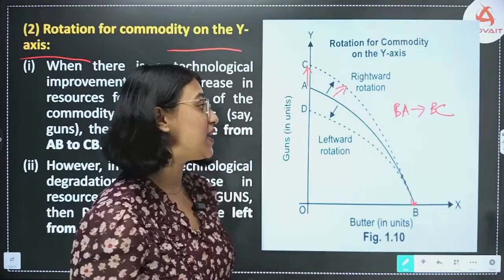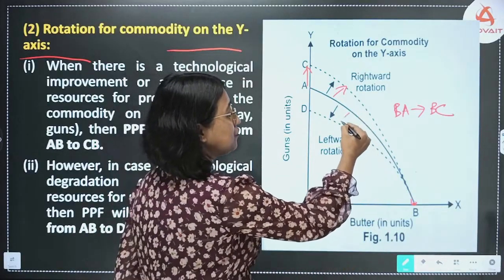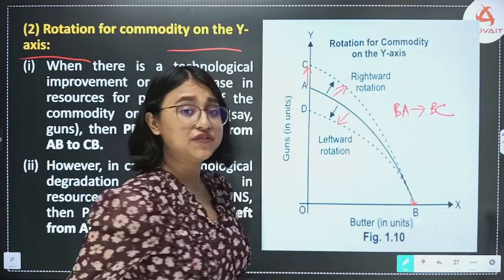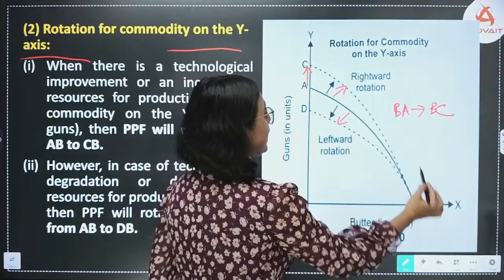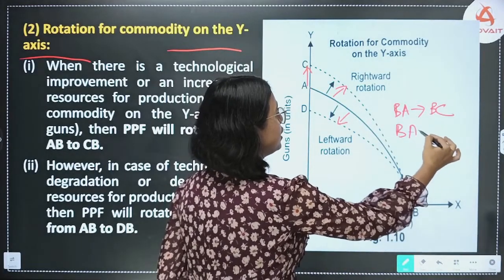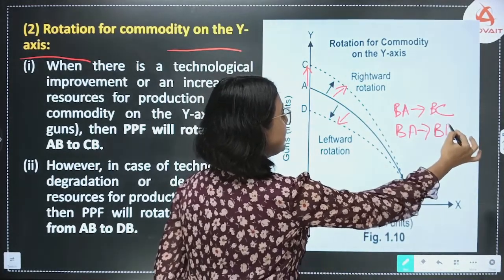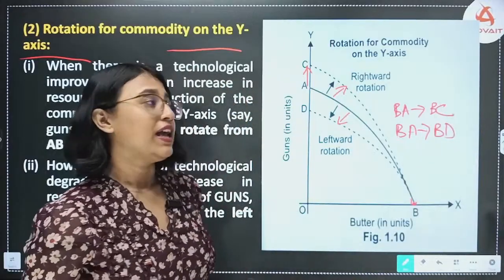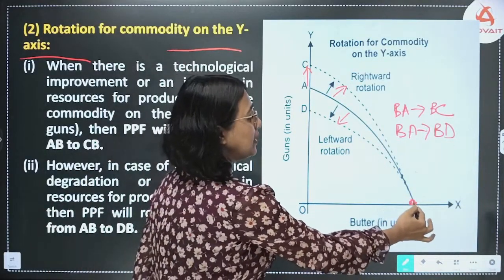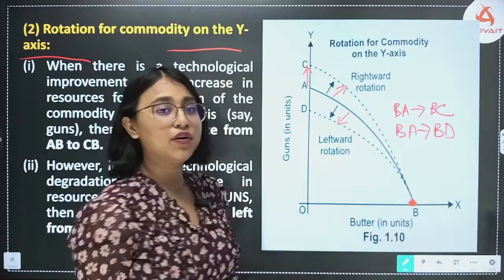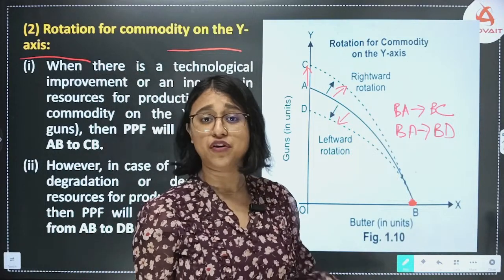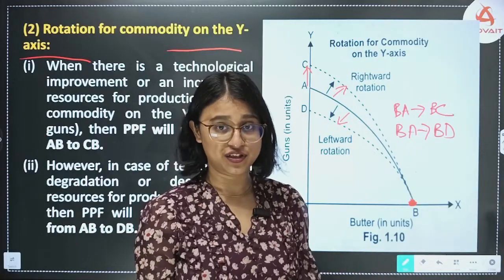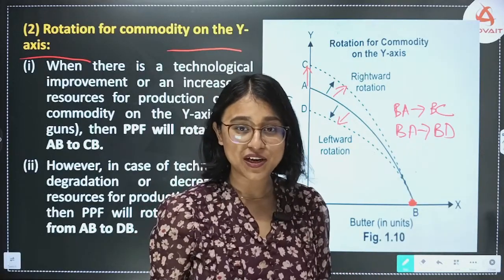As a result, there will be leftward rotation of the PPF along the y-axis from BA to BD, right? And there will be no movement along the x-axis because production of butter remains the same as productive capacity for it has not changed. I hope this much is clear with you, right?